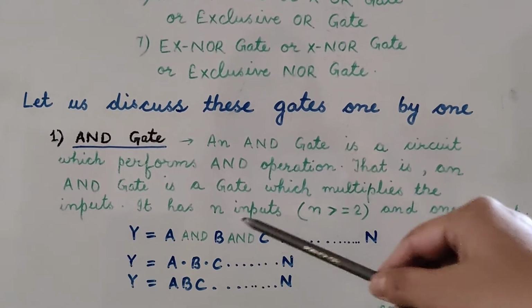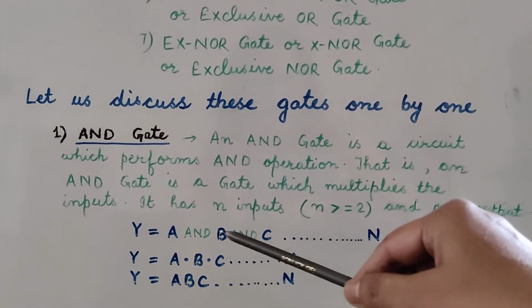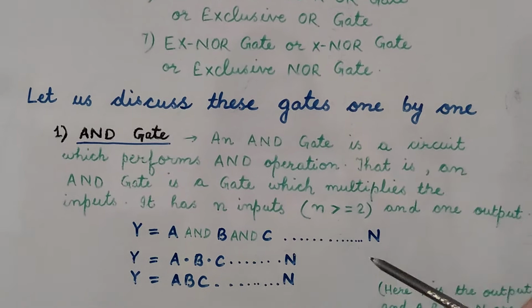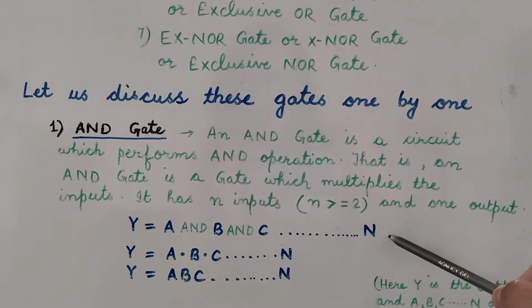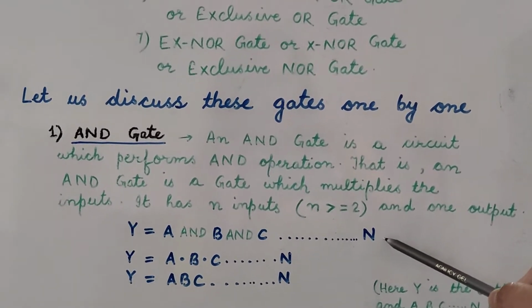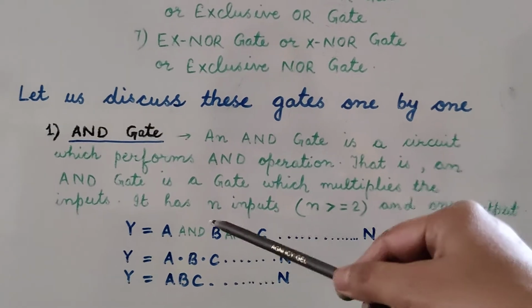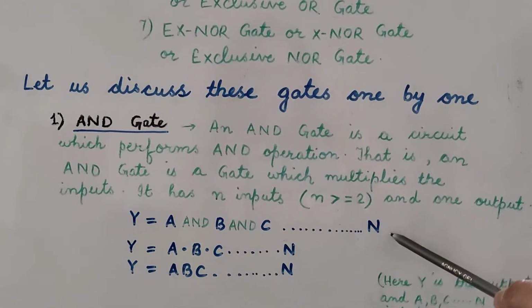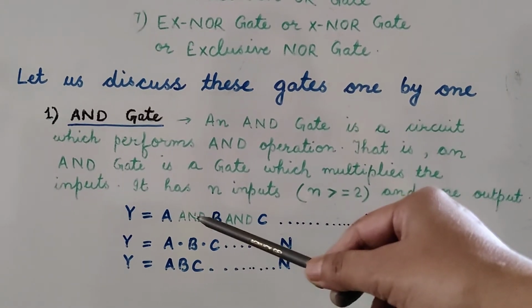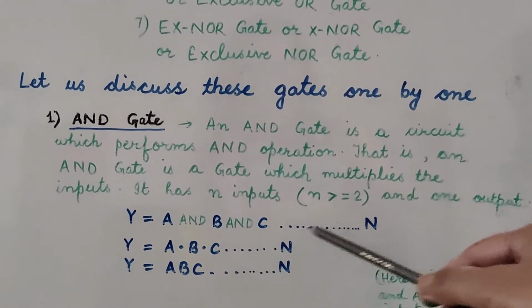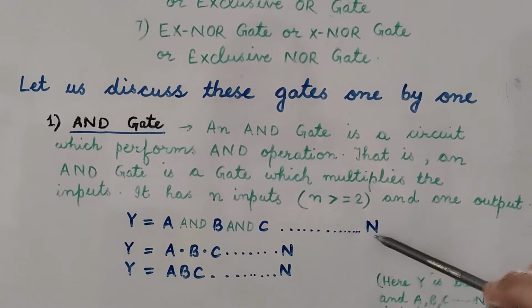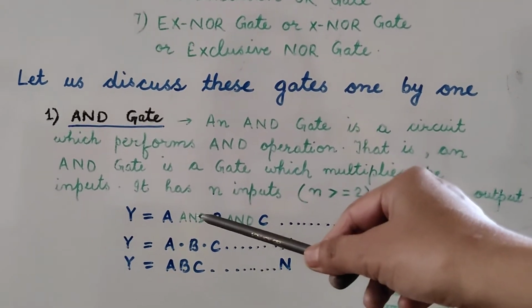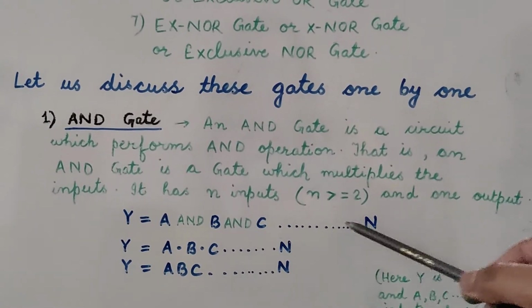So if y is the output of the AND gate, and if a, b, c up to n are the inputs of the AND gate, then the output will be obtained by the AND operation of all the inputs. So we can write that y is equal to a and b and c and d up to n, because we know that an AND gate performs AND operation of the inputs.